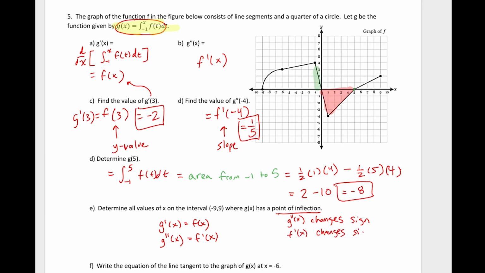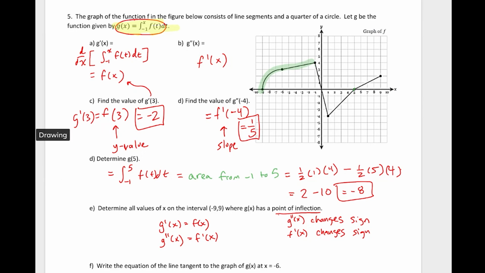Now, f prime is the derivative of f, or in other words, the slope of f. So we want to look for where the slope is changing from positive to negative, or vice versa. Now we can see on the graph of f that the slope is positive, positive, positive, positive, positive, till we hit x equals -1.